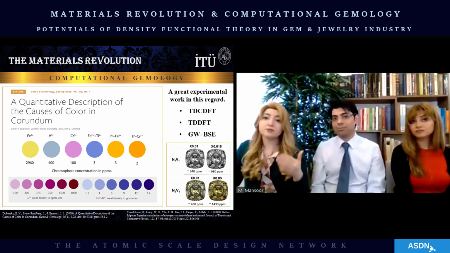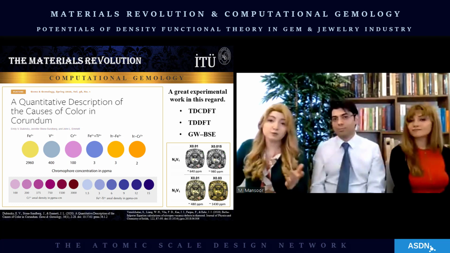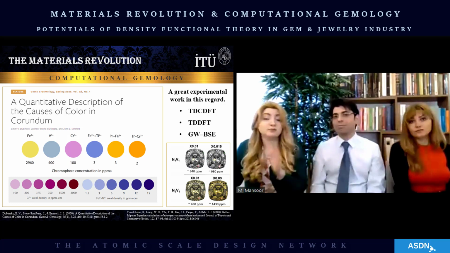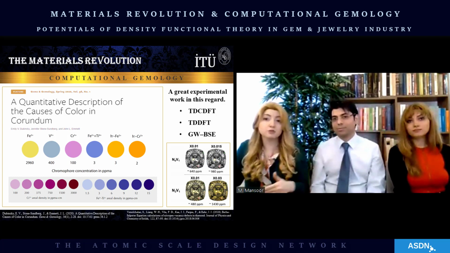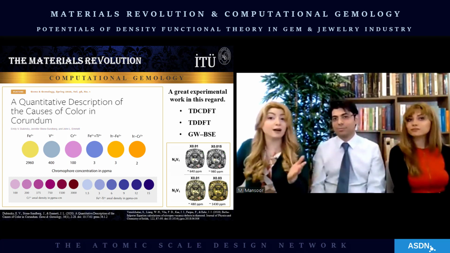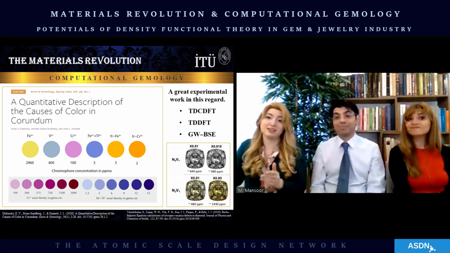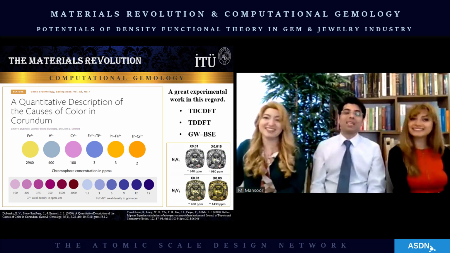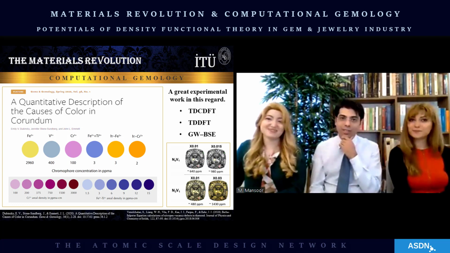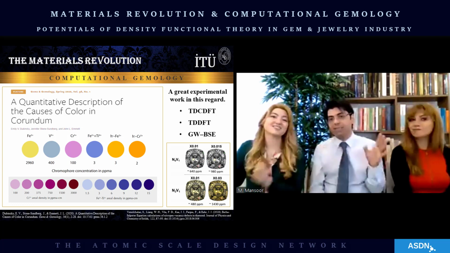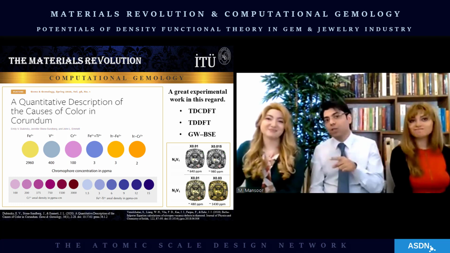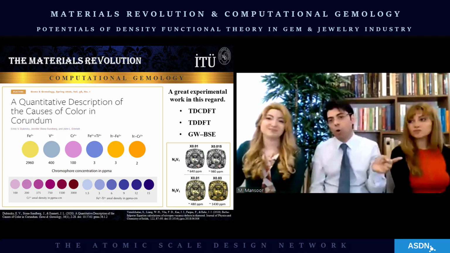This type of experimental research is beautiful, and it is quite interesting to see that, for example, you need 5 to 10 parts per million of iron titanium to get a saturated blue sapphire, while you need 1,000 parts per million to get a saturated red ruby. So that's a big difference. Now this kind of experimental work, although perfect and beautiful in every sense, cannot be done so easily when we are talking about samples which are heavily co-doped.